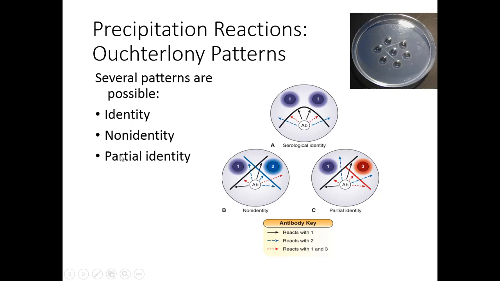And so if we look at this slide, let's look at A first. Remember, this is a multi-specific antibody placed into the central well. So that would be this well here.